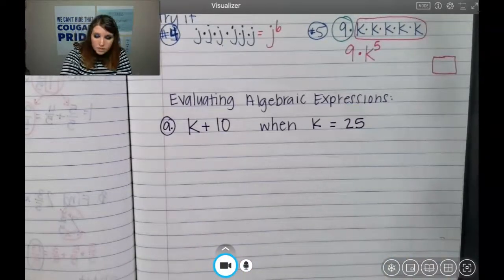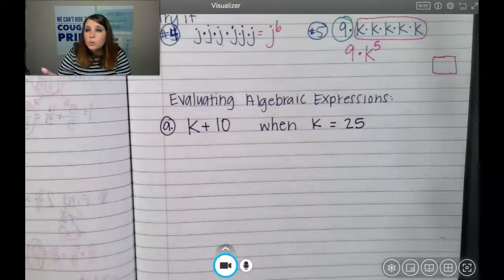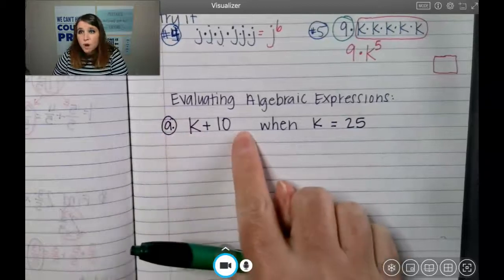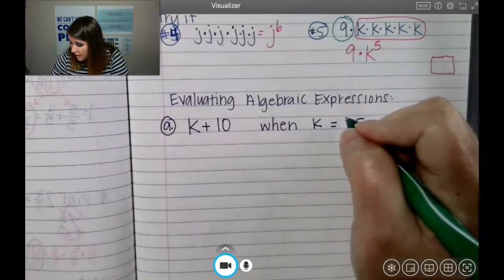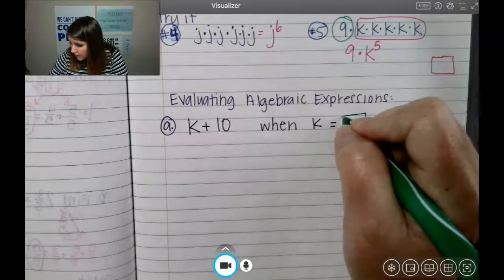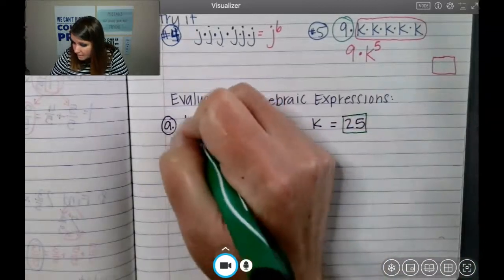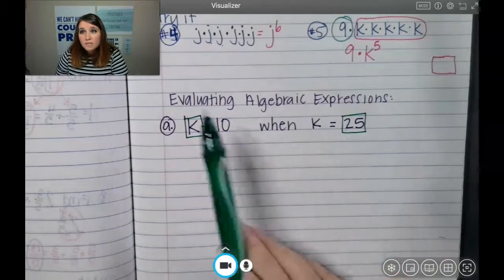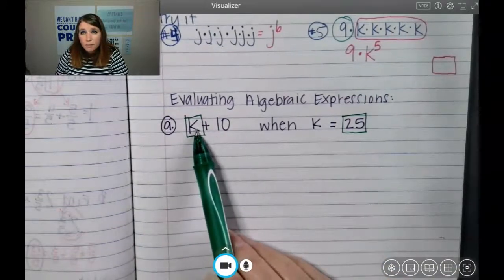So the way that we're going to solve this is we are going to find anywhere that there is a k in this problem. We are going to take that and put the number 25 there. These match up. So this 25 is just going to slap right on top of there.